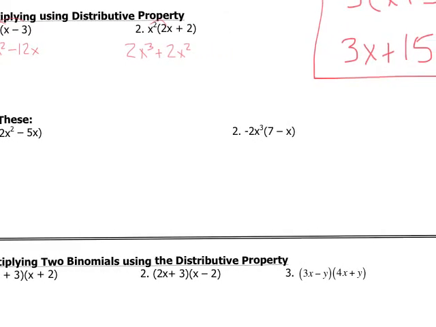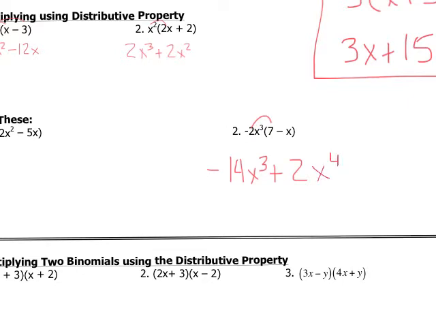Okay, number 2, I have negative 2 times 7 is negative 14, and the x to the third hangs out. And then negative 2x to the third times negative x. So negative 2 times negative 1 is positive 2, so I do a plus 2. And then I have 3 x's here, 1 more there, so I have x to the fourth.